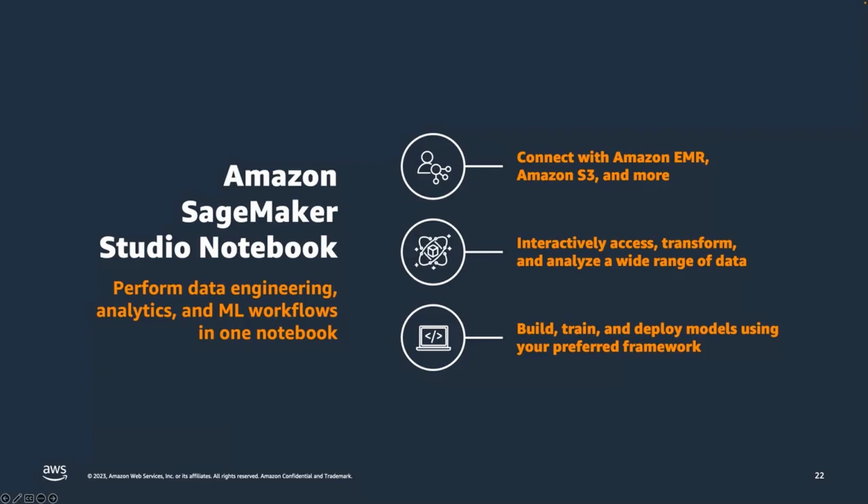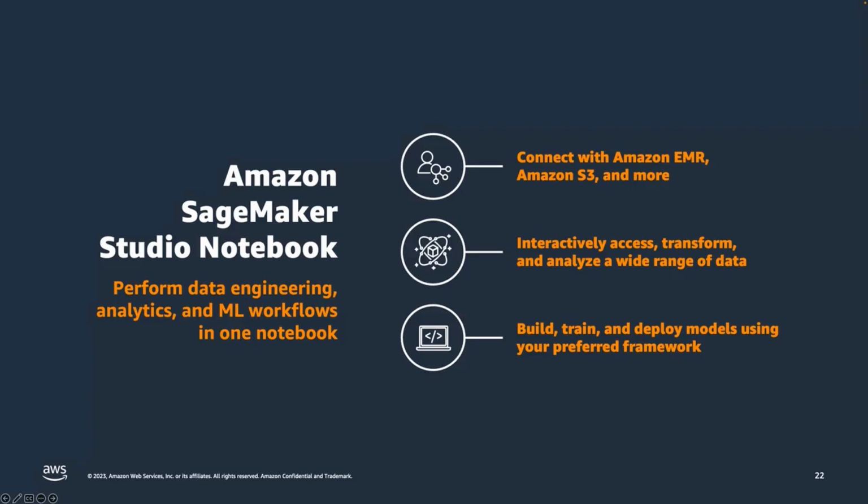So we now have EMR integration into SageMaker notebooks so that you can use Elastic MapReduce directly to create the features that you need for machine learning. And SageMaker notebooks now have Spark, Hive, and Presto running on Amazon EMR clusters and data lakes running on S3.